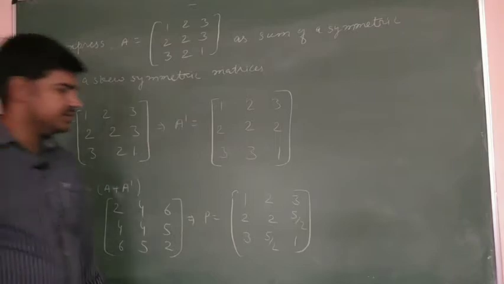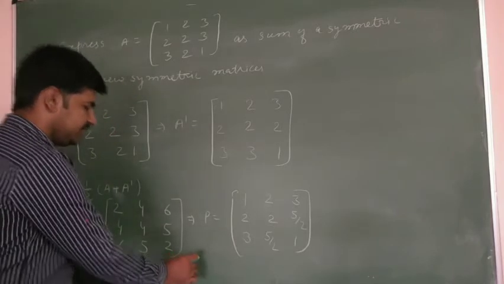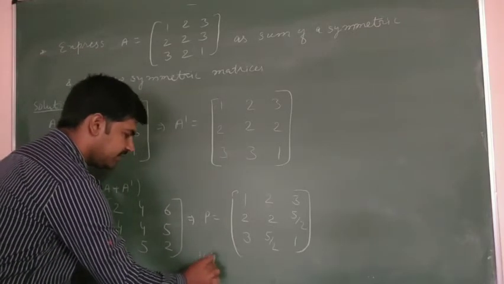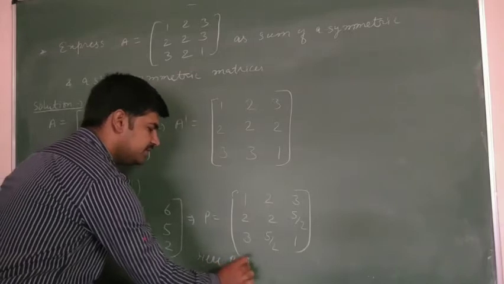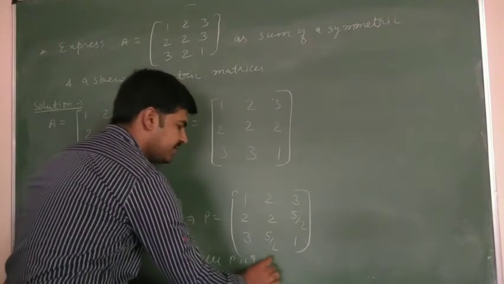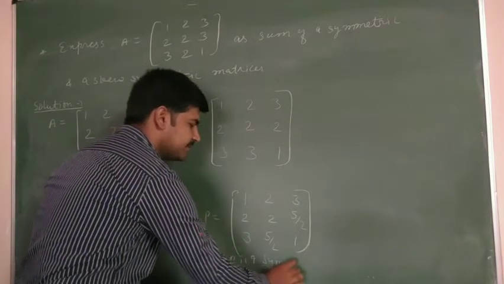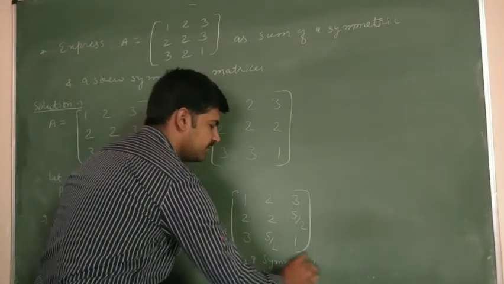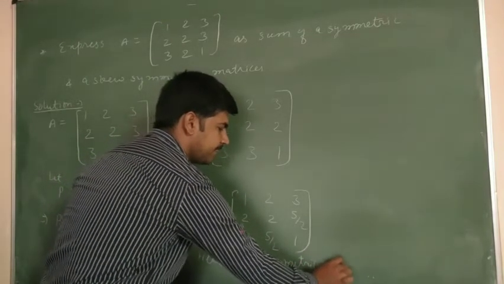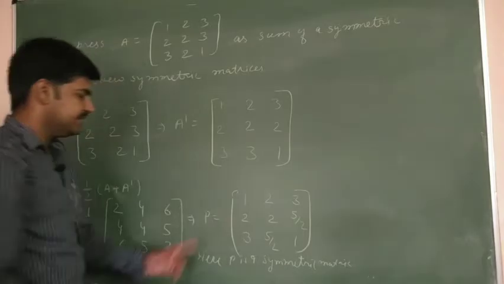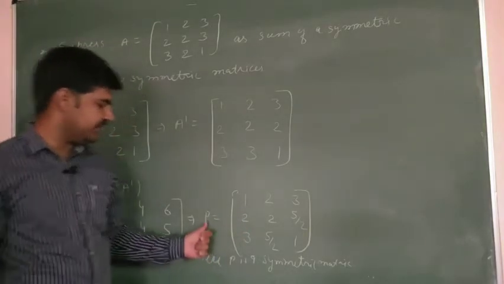Now what do you notice, students? You can write here P is a symmetric matrix, as P is equal to P dash. You can find P dash, students.